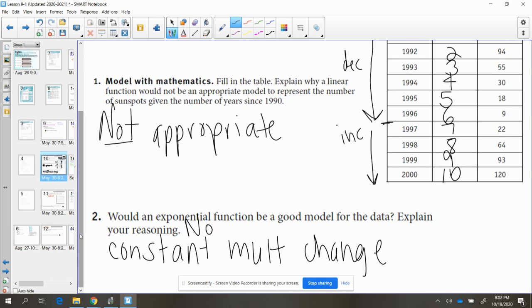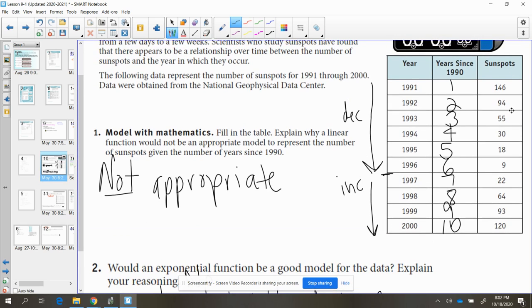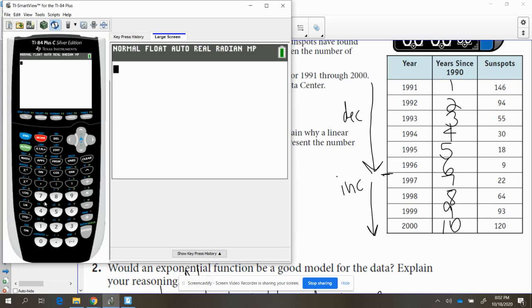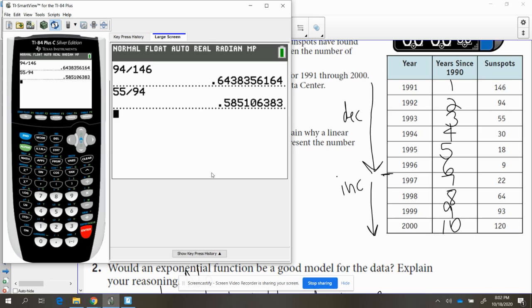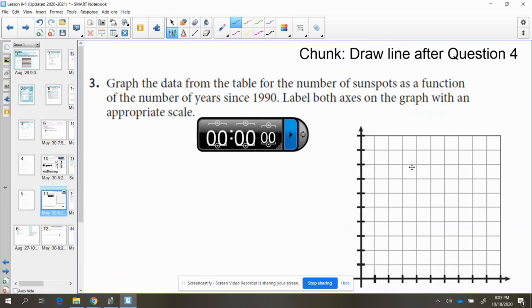So what that's basically saying, again, if we divide our two consecutive terms, 94 divided by 146 is not going to be the same thing as if we divide the next two consecutive terms of 55 divided by 94. So term 3 divided by term 2, not going to be that same multiplicative rate. We can kind of keep seeing it happen. Term 4 divided by term 3, it's not constant. It's close, but it's not constant. So it's not going to be exponential as well.